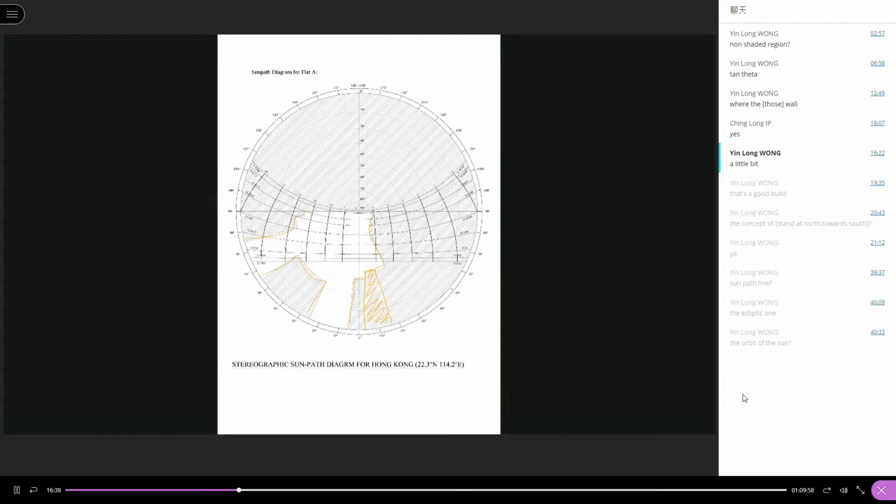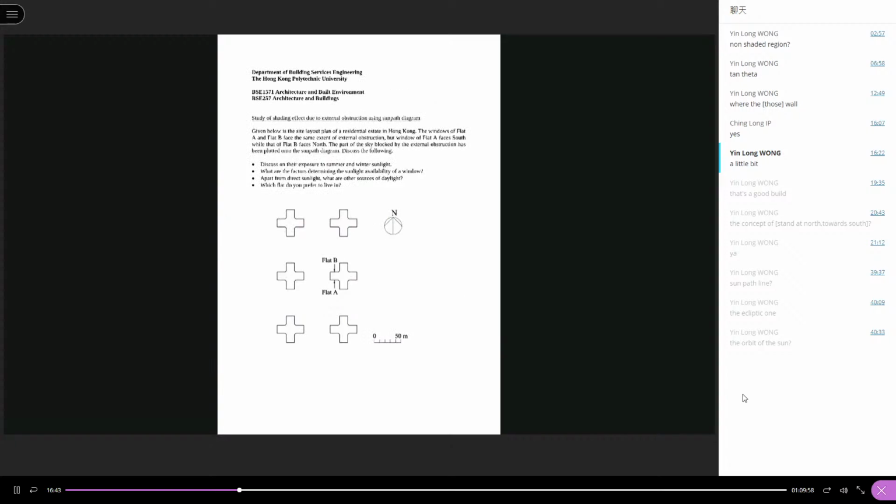The most important part is to calculate the altitude angles, this elevation angle, and the part of the sky with an altitude angle smaller than this theta will be blocked by the sky.